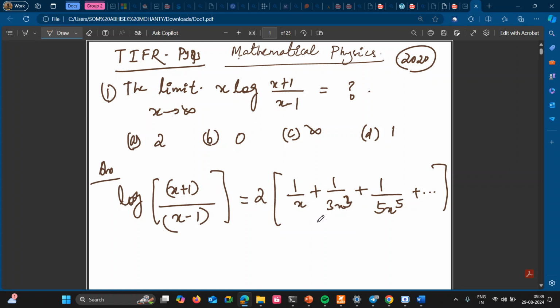So what to do now? I haven't multiplied by x here.